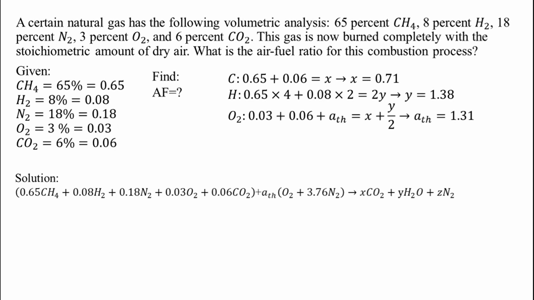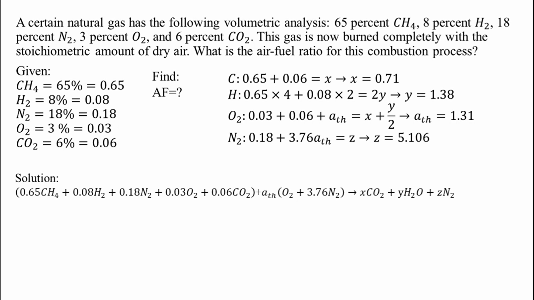In oxygen, we have 0.03 plus 0.06 kilomole plus the theoretical amount of air, which will be equal to X plus Y over 2. So we find the theoretical amount of air: 1.31. In nitrogen, we have 0.18 plus 3.76 multiplied by the theoretical amount of air, which is equal to Z.